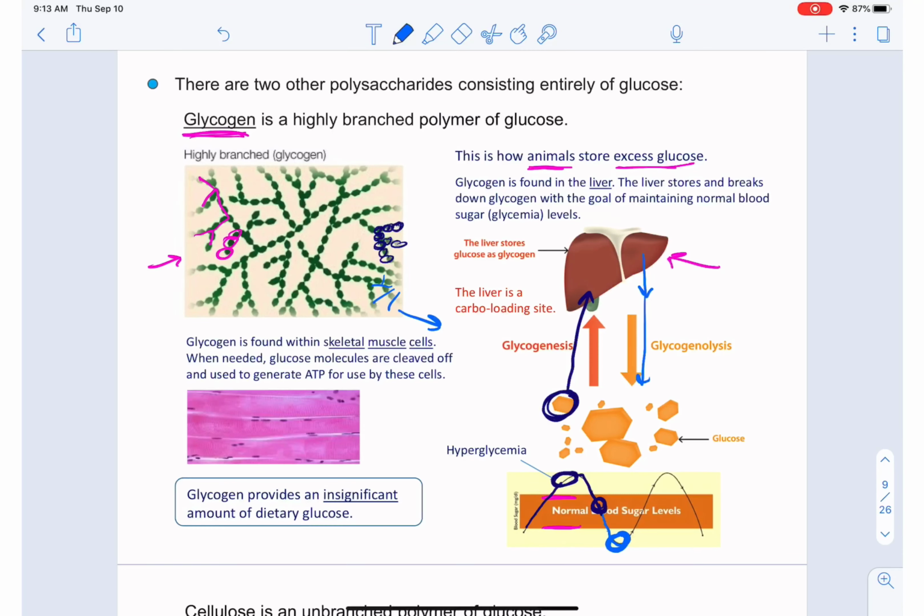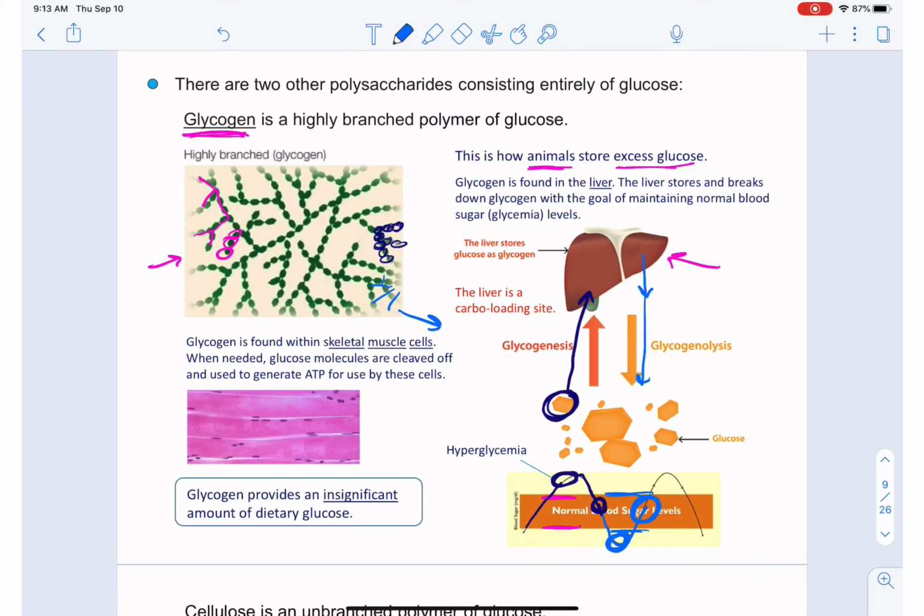And so it takes the glycogen, breaks it down into individual glucose, sends the glucose back into the blood, and it brings blood sugar levels back up to where they need to be. So the liver and the storage of glycogen is super important for maintaining normal blood sugar levels.